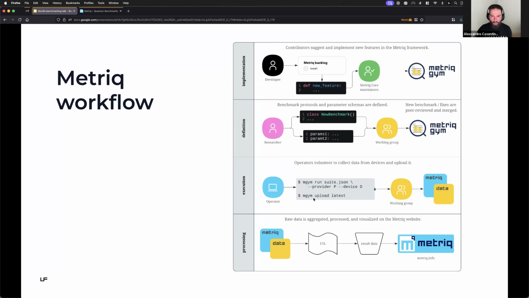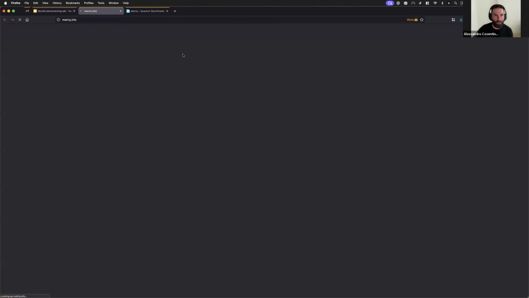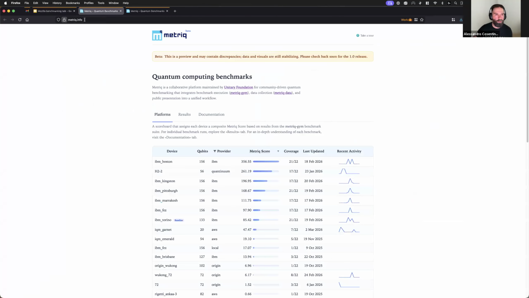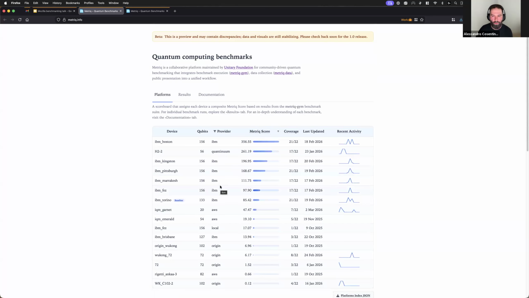And finally, we have a website, which you see a screenshot of here, but you can actually go on metric.info, where we visualize a processed version of the datasets.